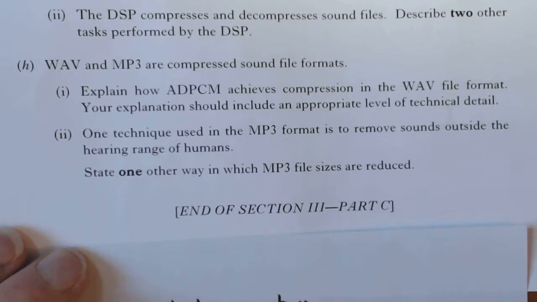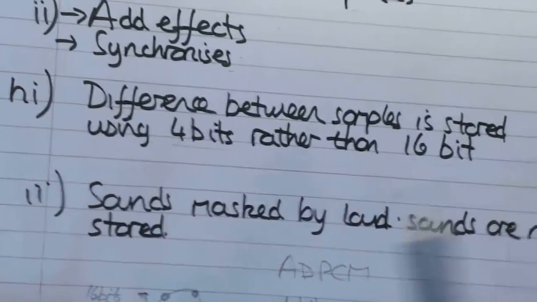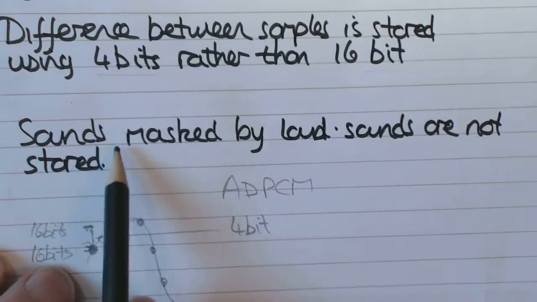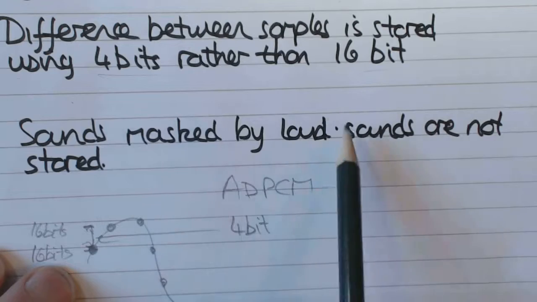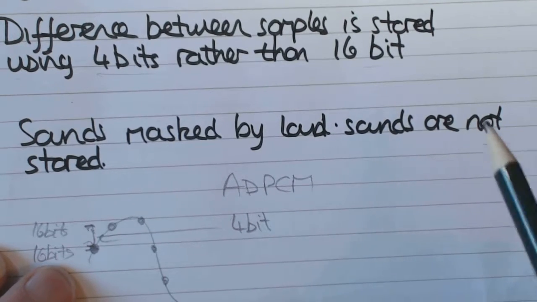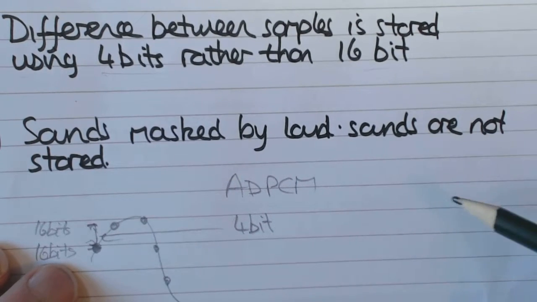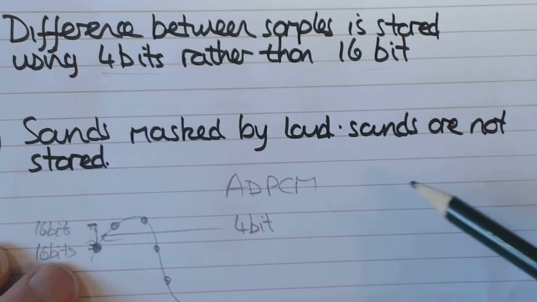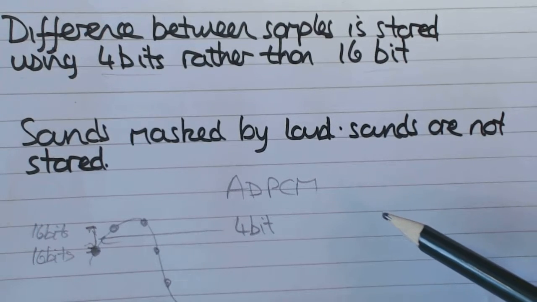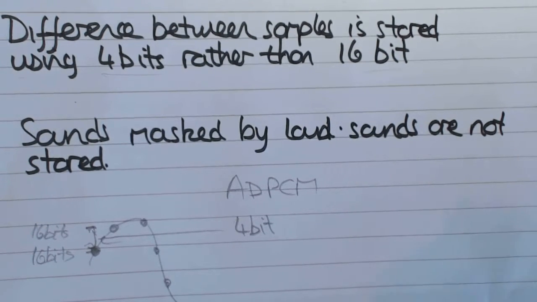What's another way of doing it? Any sounds that are masked: any sounds or frequencies that mask other frequencies are not stored. You'll have a wee graphic in your handout. If a certain frequency will drown out another frequency, it might as well not store the frequency that is getting drowned out.